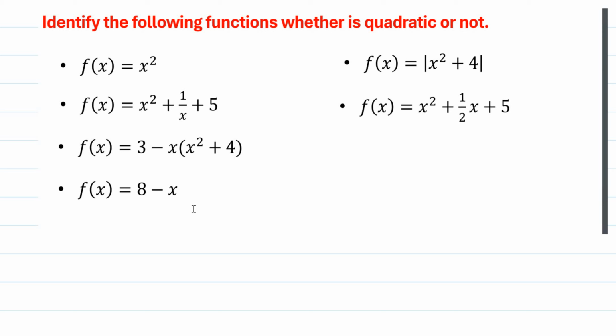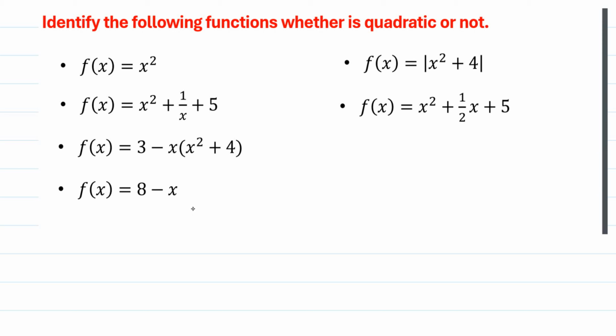In which cases is it not quadratic? Inside absolute value, remember, in the denominator, when x or x squared is inside absolute value, in the denominator, inside a square root, or in the power, then it is not quadratic.